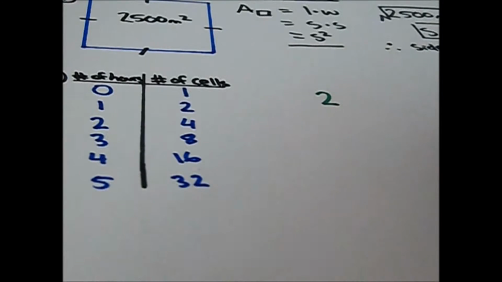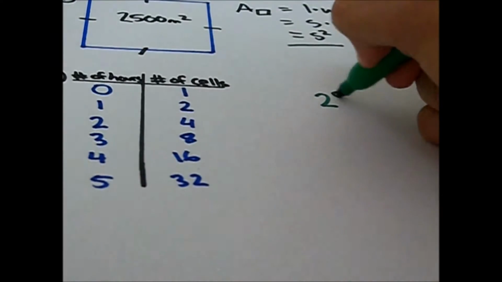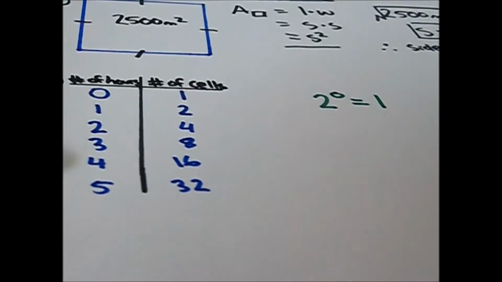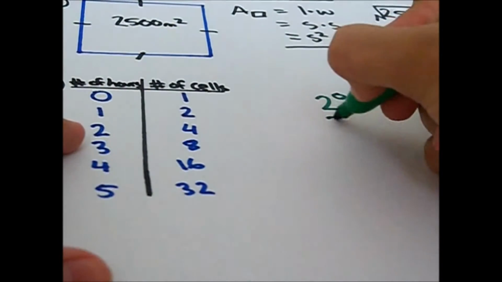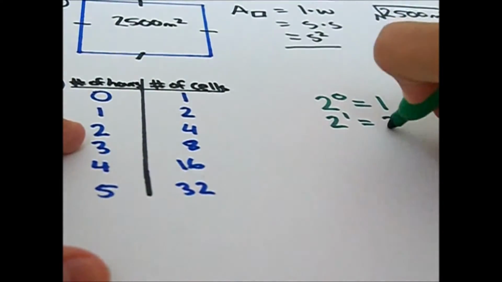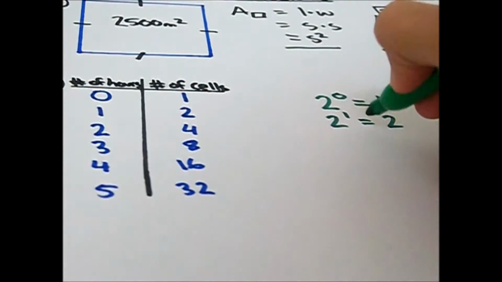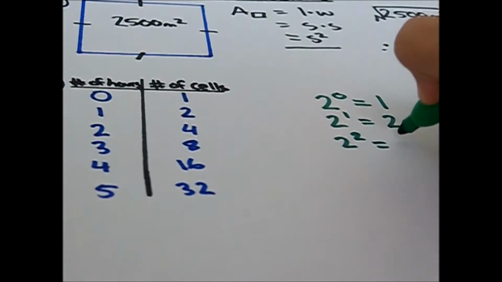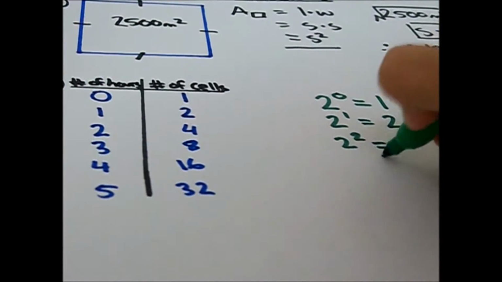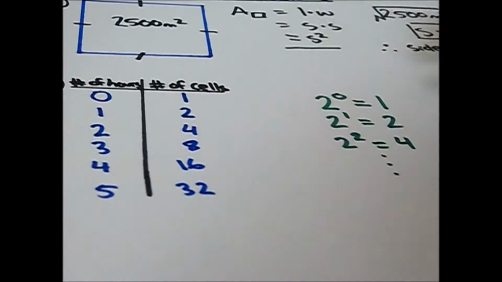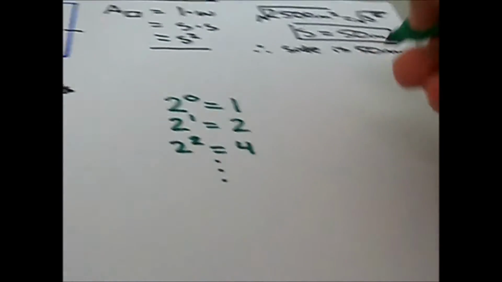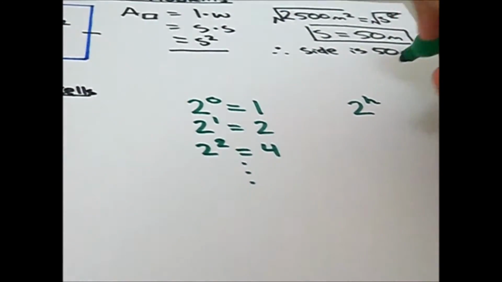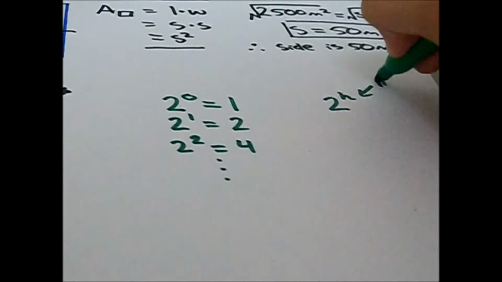So for example, 2 to the power of 0 will be 1, and you can check that on your calculator. 2 to the power of 1 will be 2. 2 to the power of 2 will be 4. And so on. Suppose my general expression is 2 to the power of h, where h represents the number of hours.